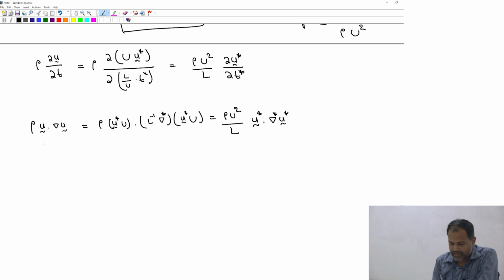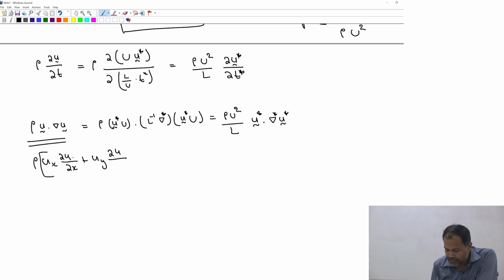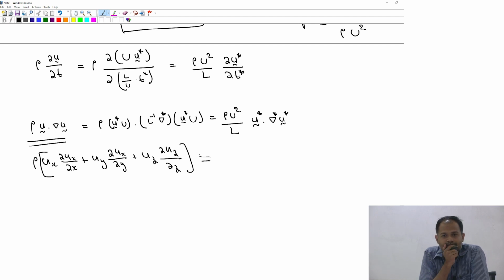For the x momentum equation, it will be rho times ux dou ux by dou x plus uy dou ux by dou y plus uz dou ux by dou z. Maybe you could do that and verify that it's the same answer.